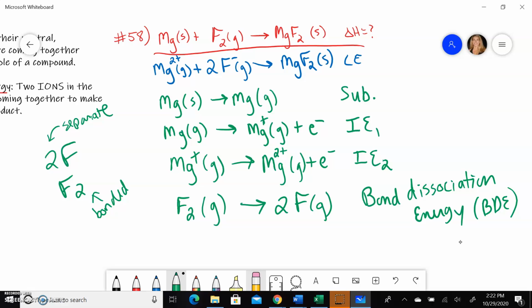And now we have one more step. We need to take those two fluorine atoms and add some electrons to them. It's going to take 2 electrons because we need each fluorine to receive an electron, and then we'll end up with 2 fluorine atoms that are negative and that are gases. And that is called electron affinity.